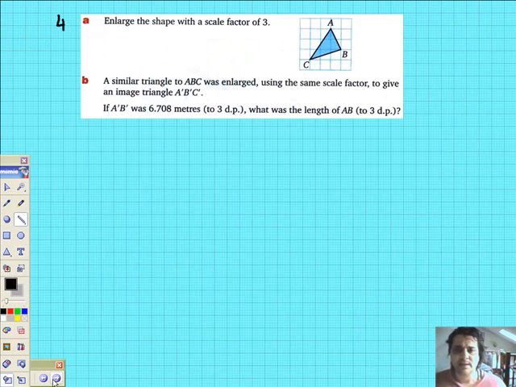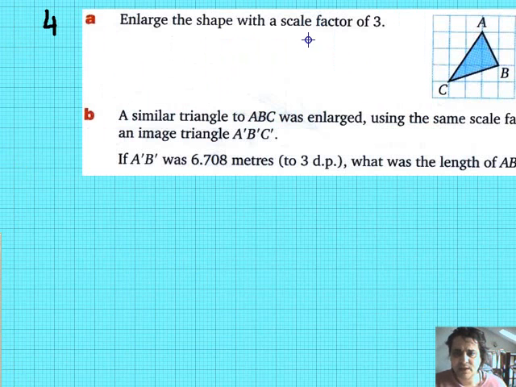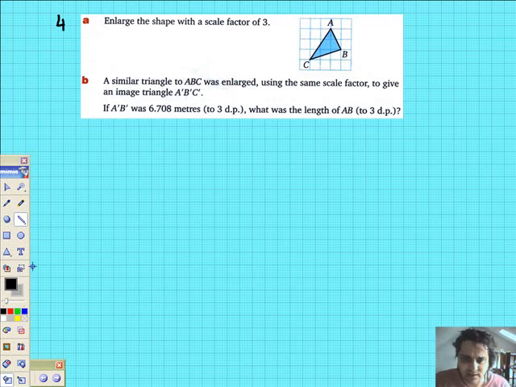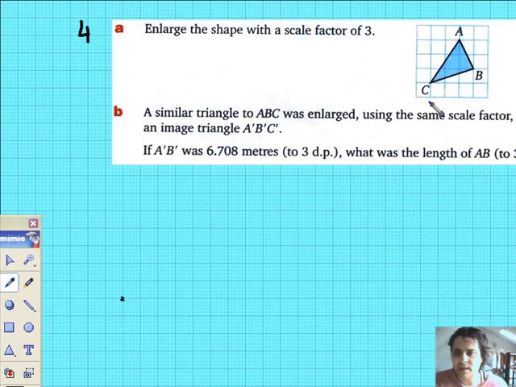It says enlarge the shape with a scale factor of 3. Alright then, so I need to work out, let's start down the bottom here somewhere. So if I make this my point C, just there, and now to get point B I need to go 3 across and 1 up, but to do it by a scale factor of 3 I need to go 9 across and 3 up.